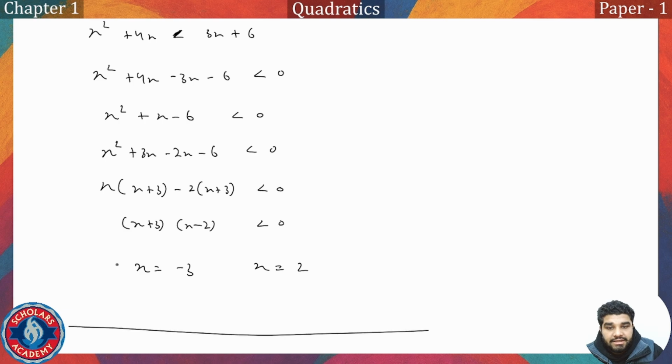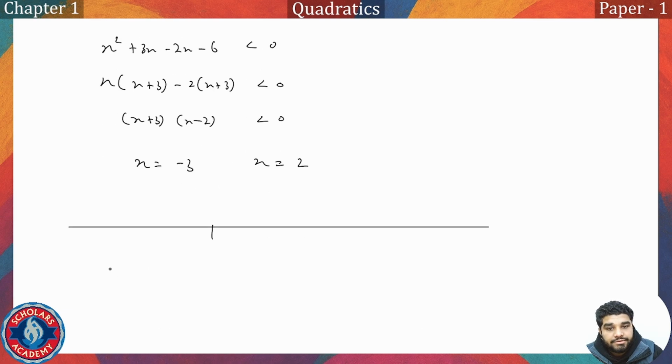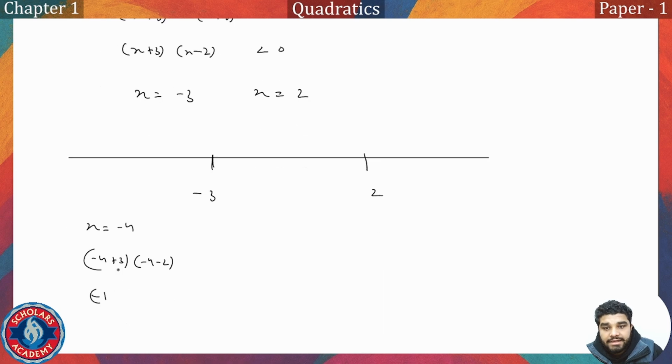So the real line is divided into three intervals, with negative 3 and 2. And what we require is that this quadratic should be less than 0. So if we check that, we take negative 4. So negative 4 plus 3 and negative 4 minus 2. So what I get is negative 1 and negative 6. So 6, which is greater than 0.